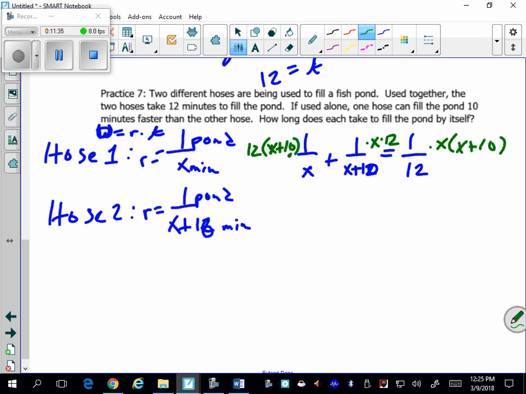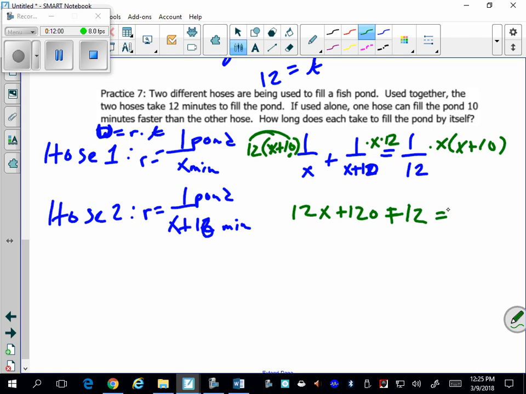So the first one here, I'm going to distribute: 12x and 120, and it's times 1, so it's just 12x plus 120 equals 1 times x times 12, this is an equals, it's plus. 1 times x is x, and then distribute it in, you get x squared plus 10x.